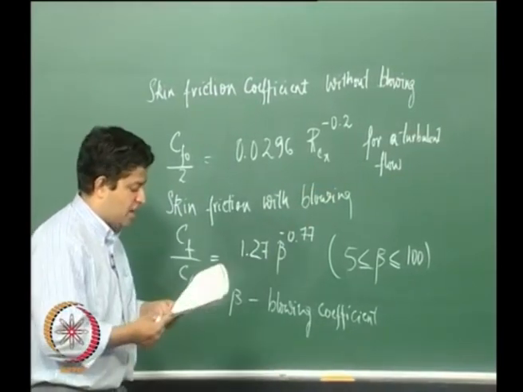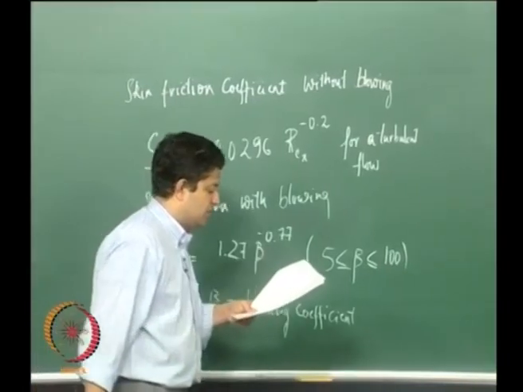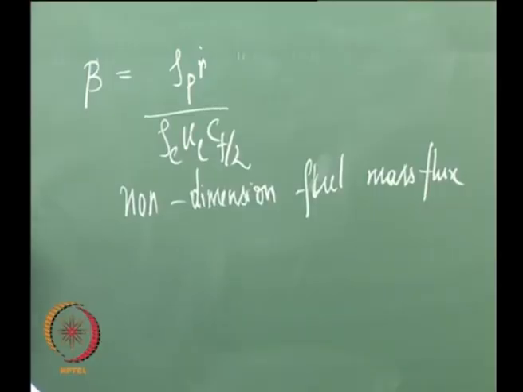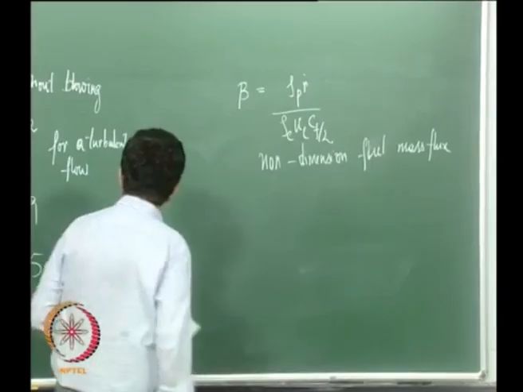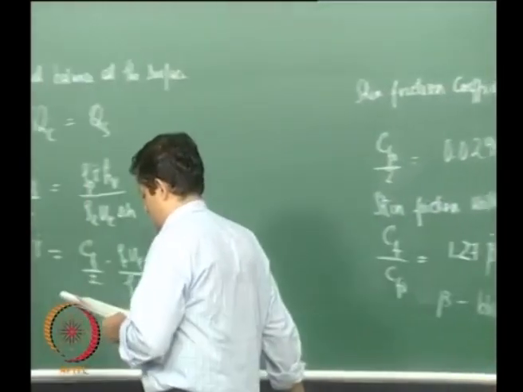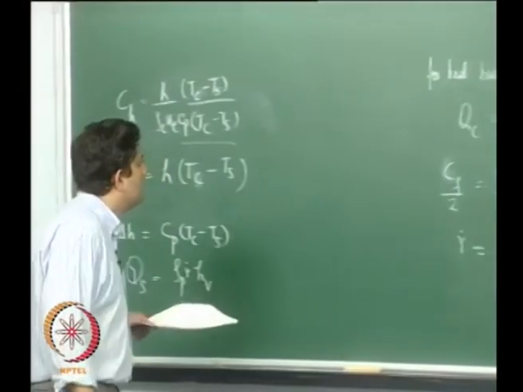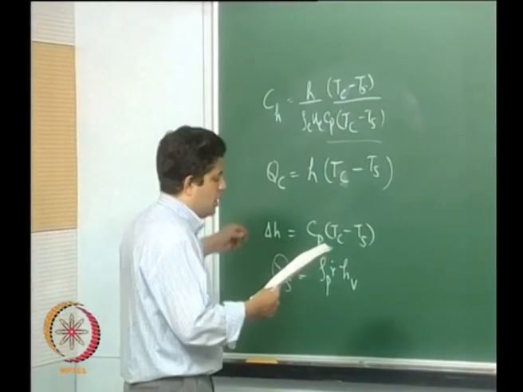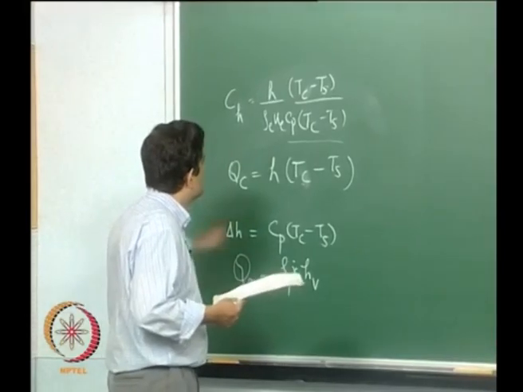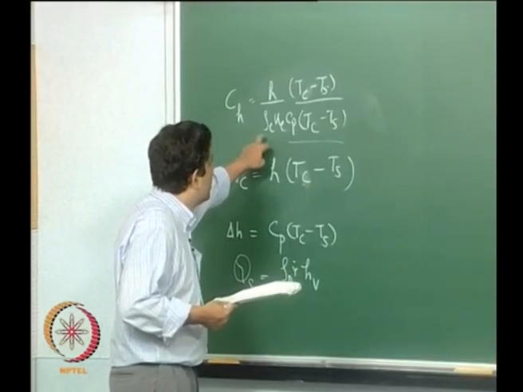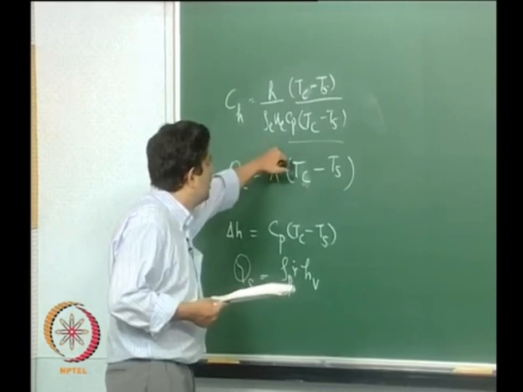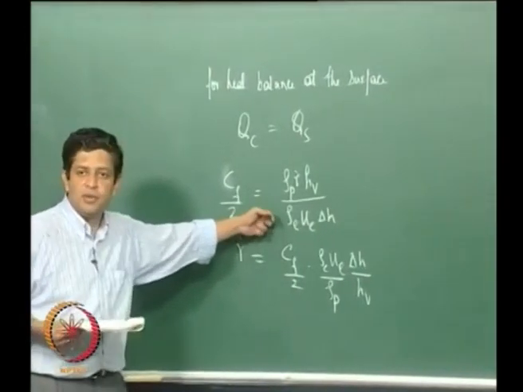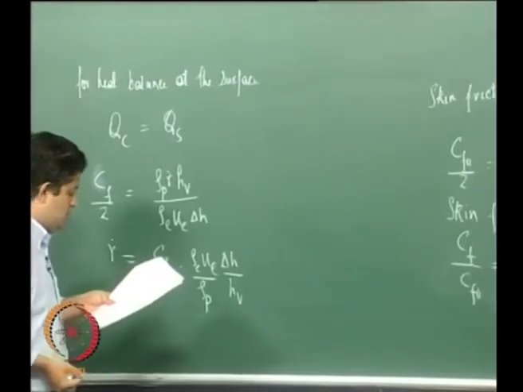So we can now get the expression that we were looking for. We had said that Ch is equal to this, nothing but rho p r dot hv by ue, that is this expression, right. So we can use this expression.